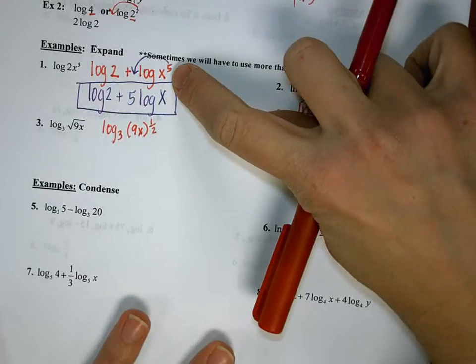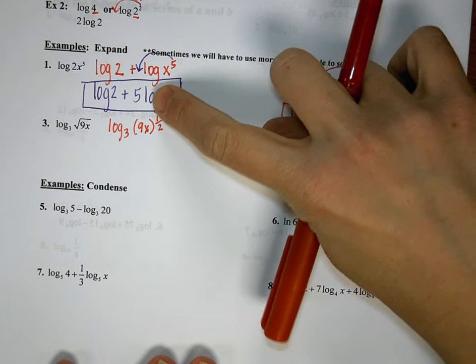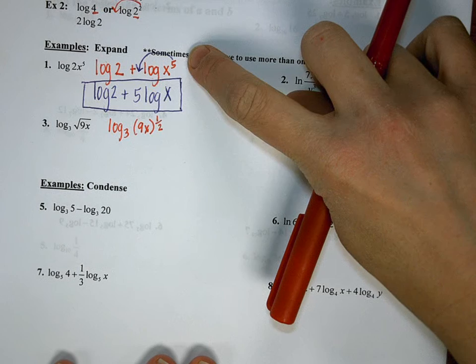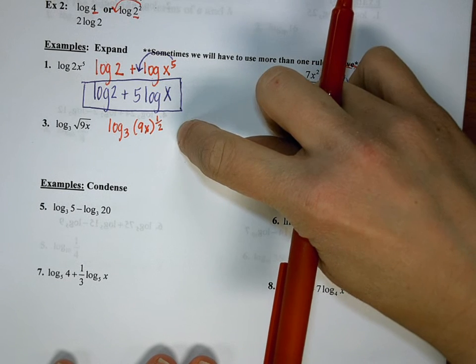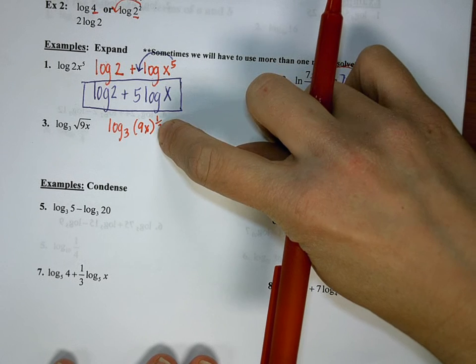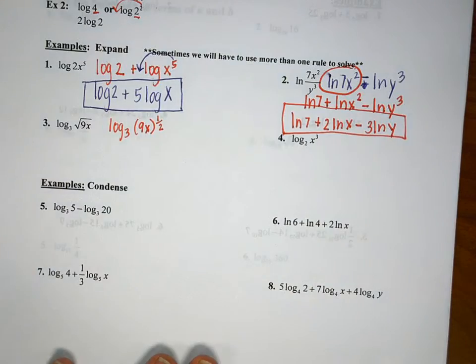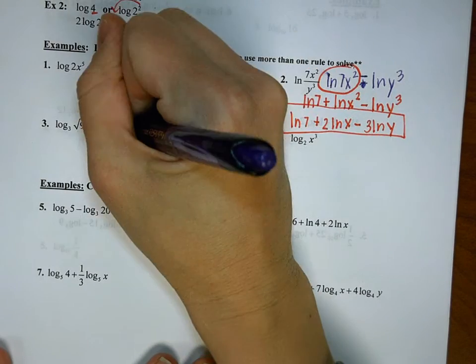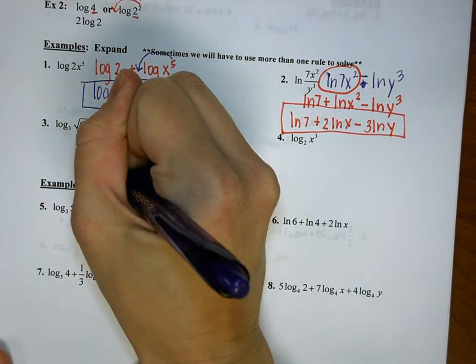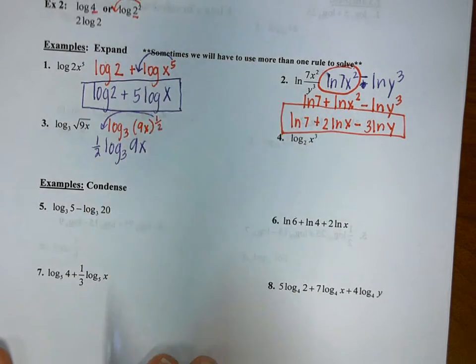Before, the x squared was the only thing that had an exponent. This time, both of these have an exponent. Do you guys see that? I have to get rid of that exponent before I can separate these. So we're going to bring the 1/2 in front. So we have 1/2 log base 3 of 9x.